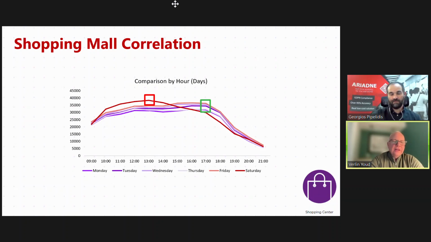In this case, during the week, peak visitors occur at about 5 p.m., or 1700 hours. Compared to Saturdays, where the peak number of visitors occurs much earlier, closer to 1 or 2 o'clock, and then falls off much more steeply than it does during the weekdays.